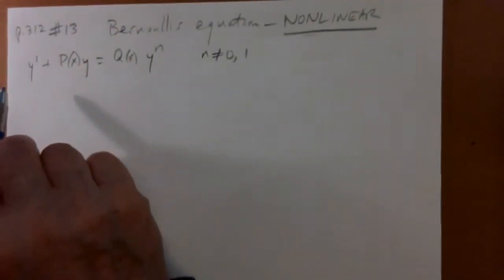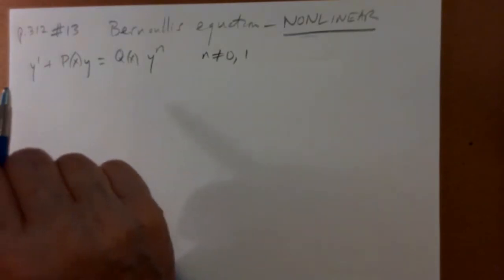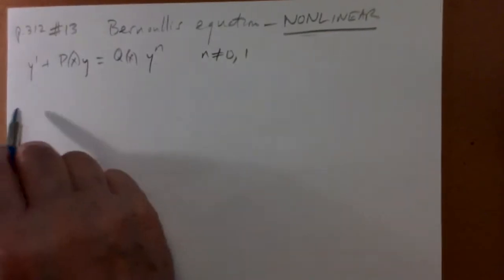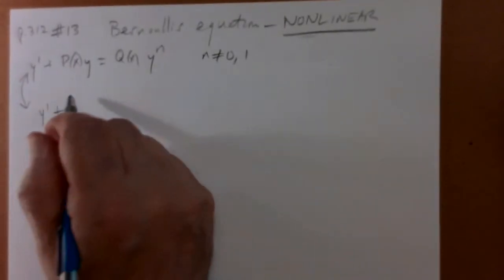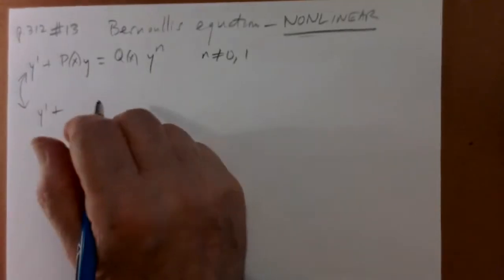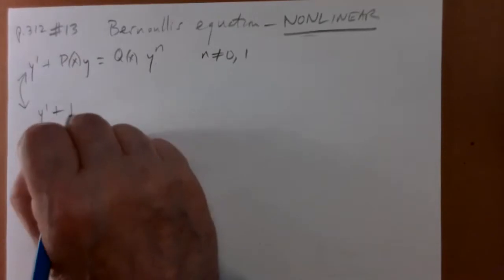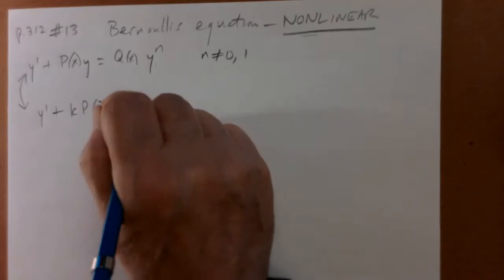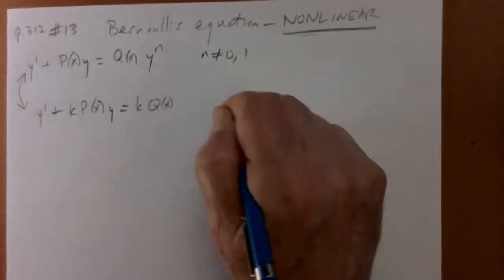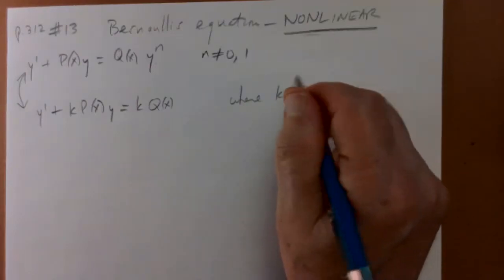And the corresponding linear equation, and we're going to show an equivalence between these two, is y prime plus k times p of x y equals k times q of x, where k is equal to 1 minus n.